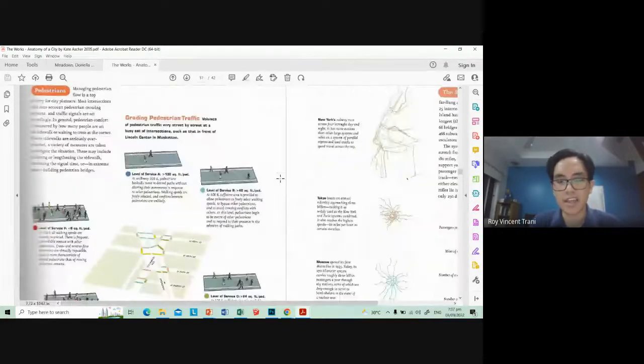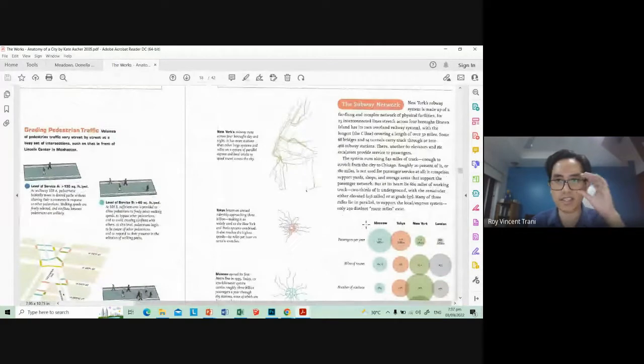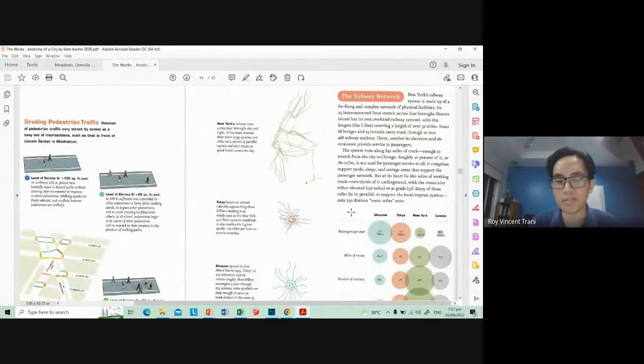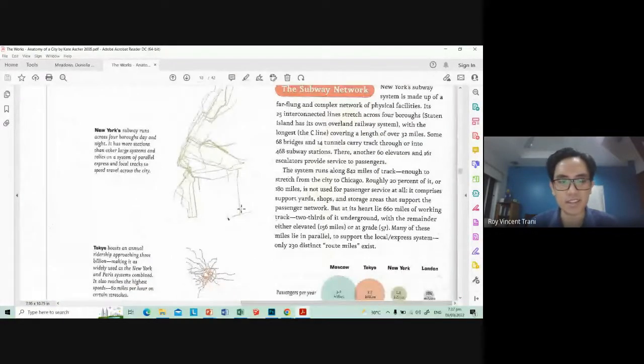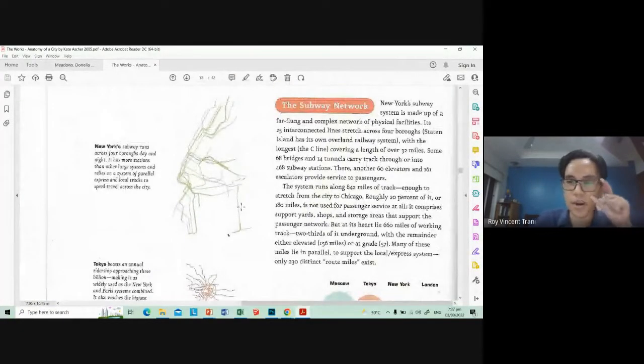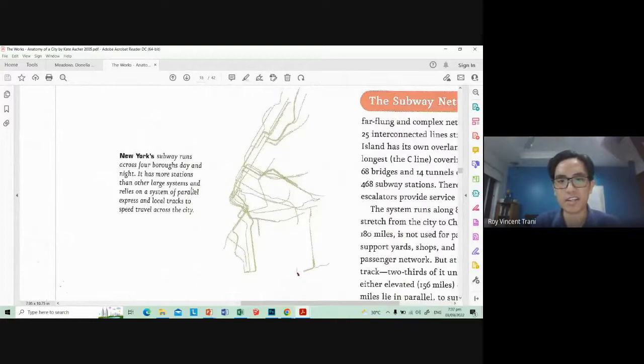Okay, and then another element of the city is the public transportation network. So in developed cities, they have subways, railways, etc. In the Philippines, I think there's only one or two now in Manila. And what I want to showcase here is that if you look at the New York subway system, it's very much straight or very linear.